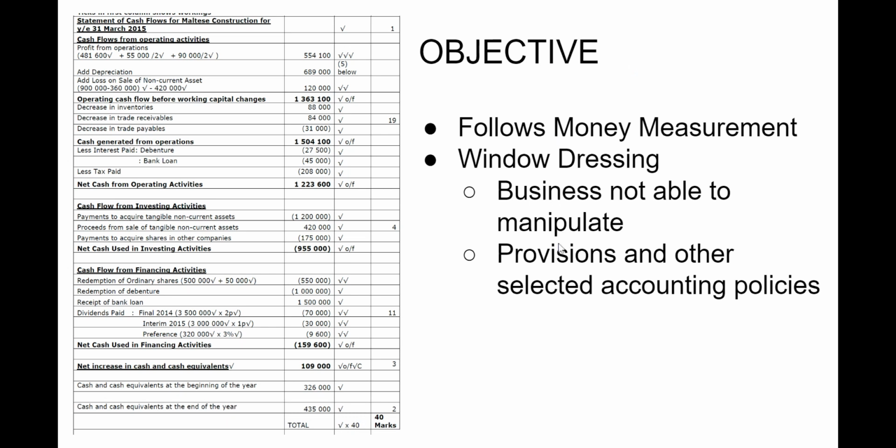And therefore, things like altering provisions or other accounting policies by the management of the company will have an impact on profit and profitability, but they will not have an impact on liquidity and the amount of cash in a business.